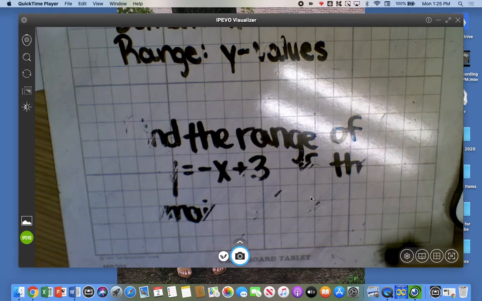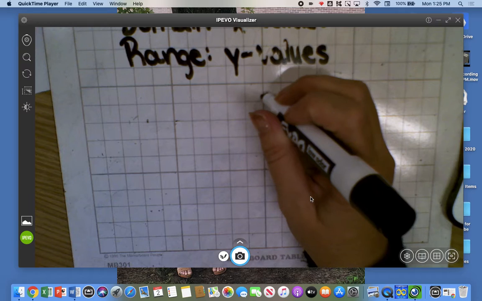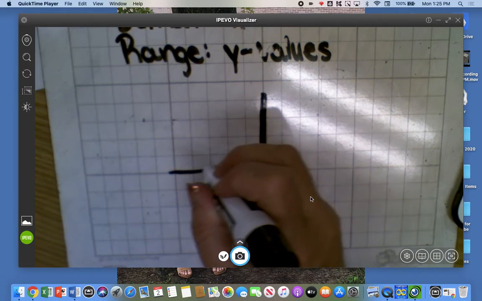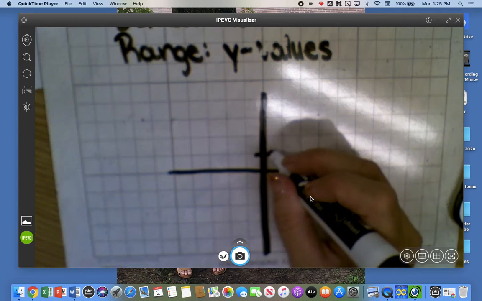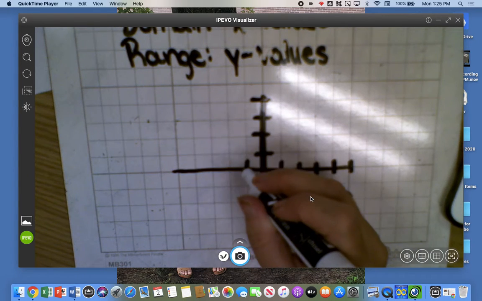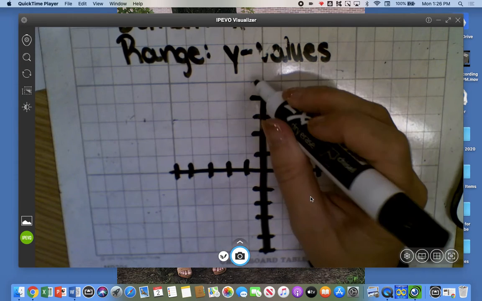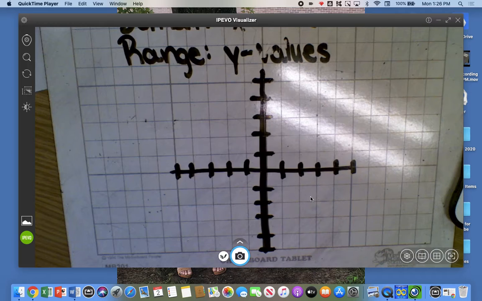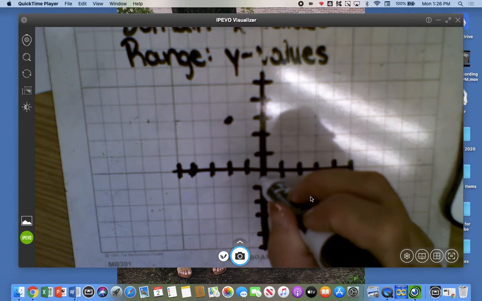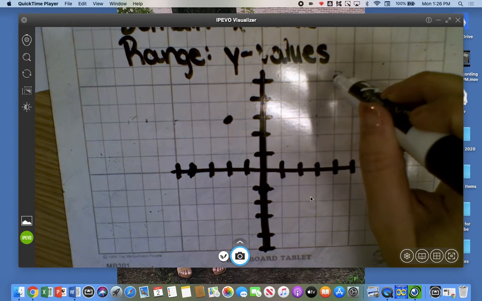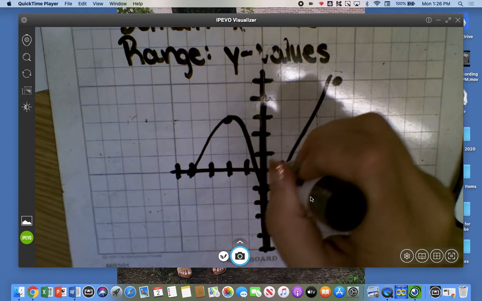Okay, if I give you a graph that looks like this, make sure that connects there.